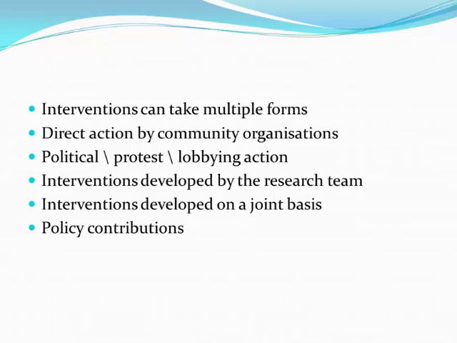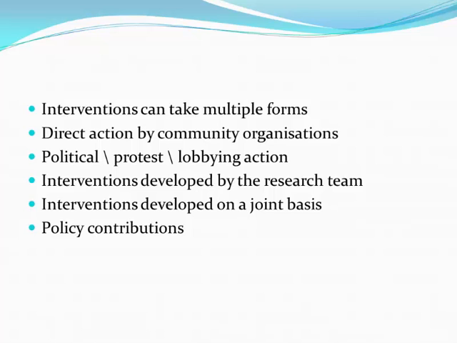All of these are ways, because if we take the alcohol example, it might just be that we identified that local shops are selling to shebeens illegally, or maybe they're selling to underage youth. So there can be direct action taken against them to change their practices.